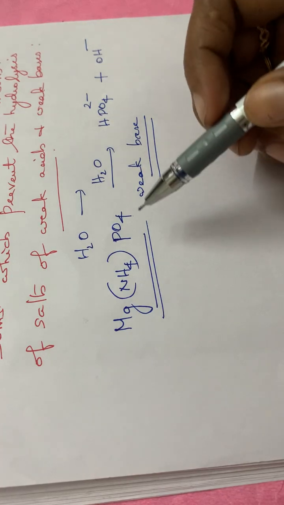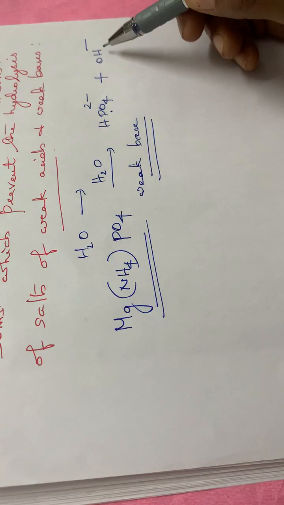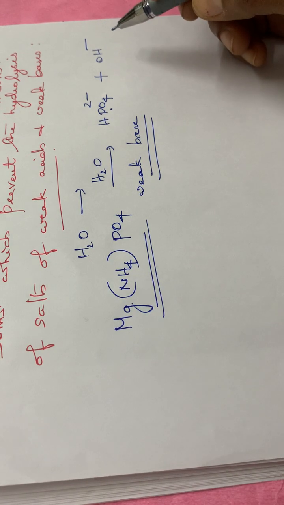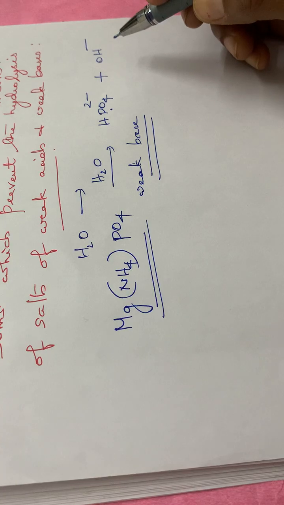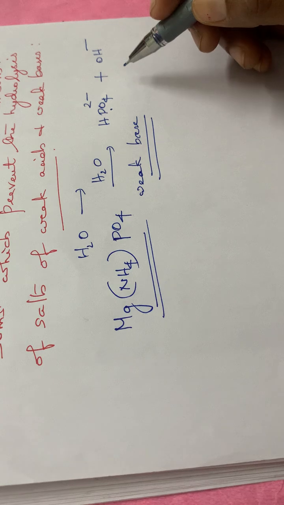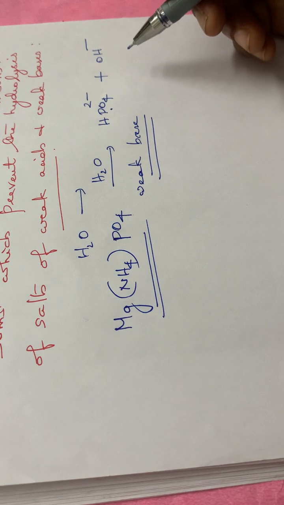So in the case of weak acids or weak bases, it will have the tendency to hydrolyze. So in order to prevent hydrolysis, some type of wash solutions might be used. That is the third category. Okay.